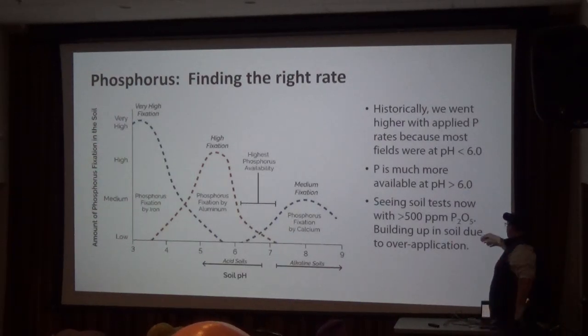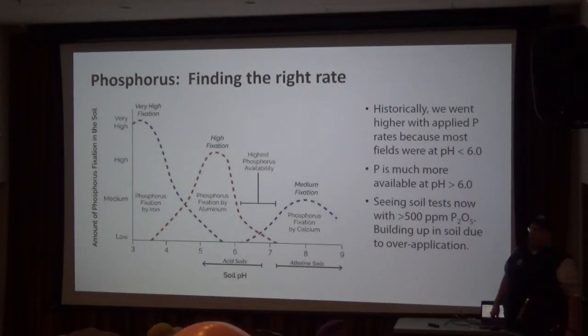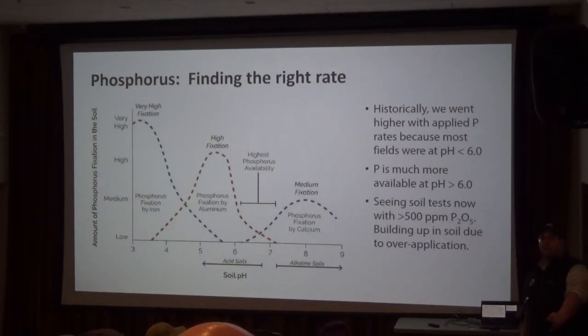And I am seeing fields that are up to 500 plus ppm P in the soil test. That's on the PEI soil test, which is Mehlich 3. If you want to convert that, if you're using A&L, and they usually use Bray, it's probably more like 250, 300.